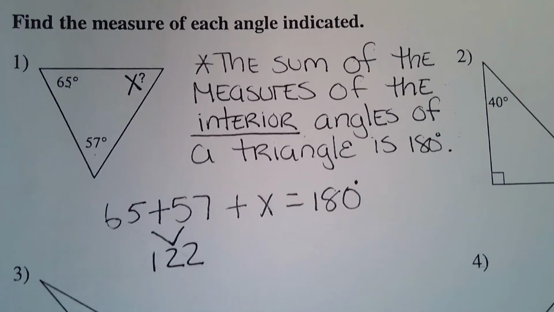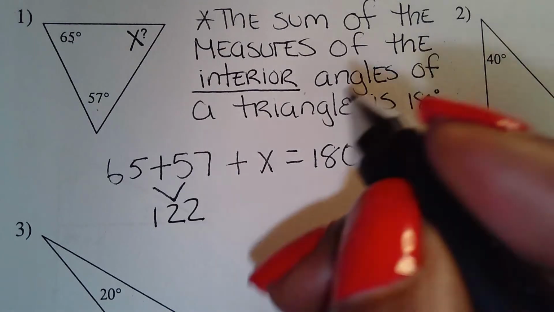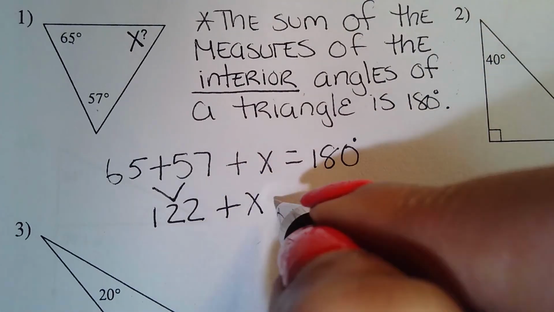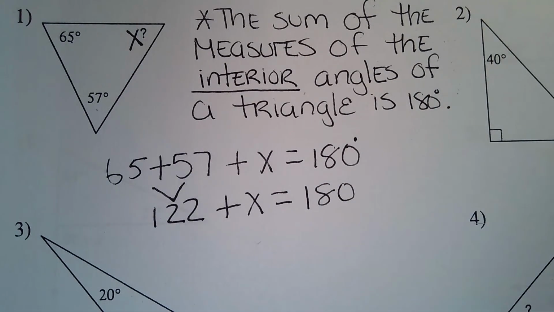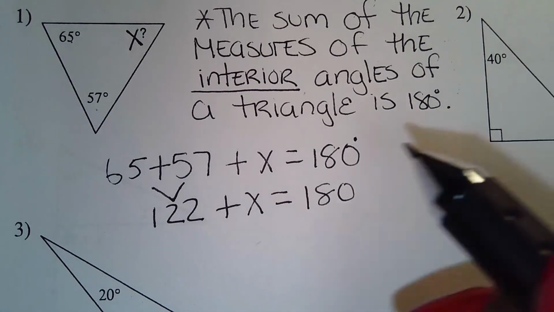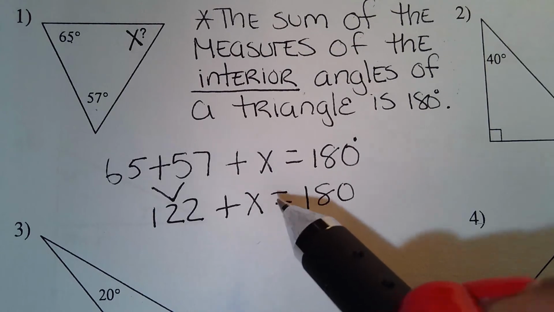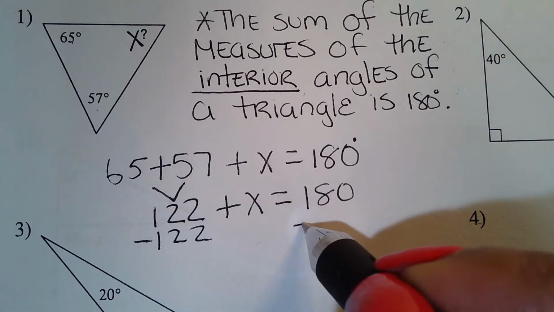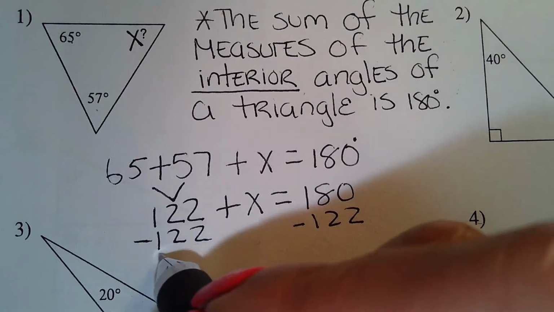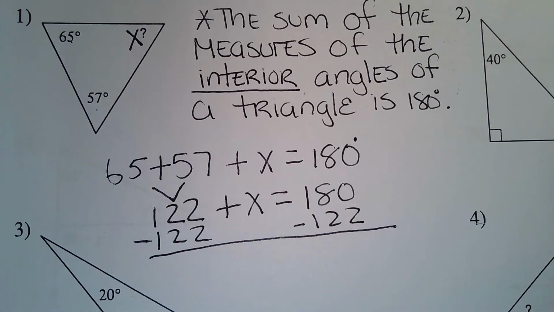I'm going to bring down my plus X, my equal sign, and my 180, and then I want to isolate the X. I want to get X by itself, so my last step is subtracting 122 from both sides of the equal sign.